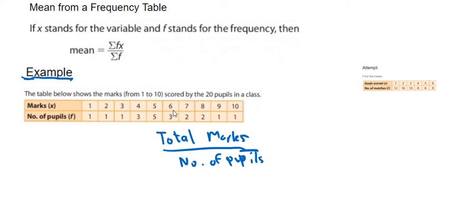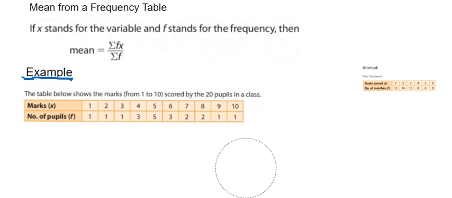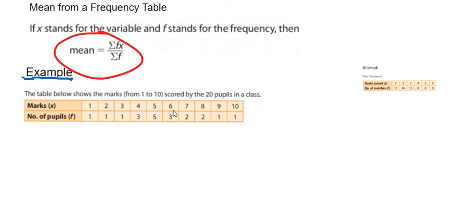We find the total marks that were given out and then divide by the number of pupils, and that has to be the mean or the average for each pupil. So that's where this formula comes from up here. It's the sum of the frequency multiplied by the variable, so the number of pupils in this case.